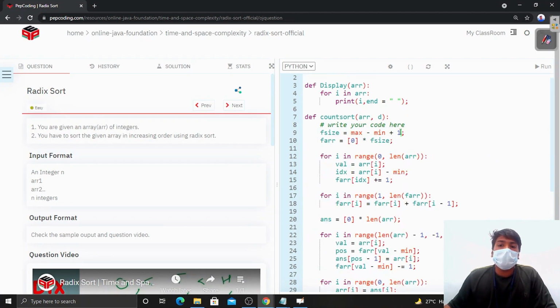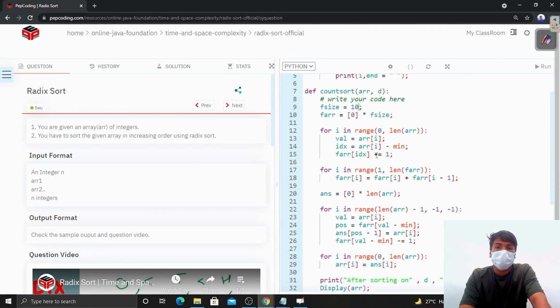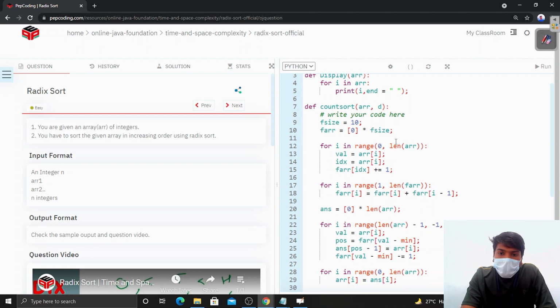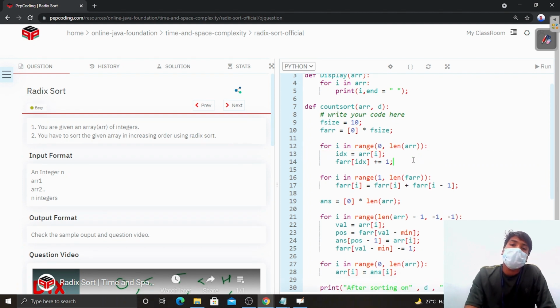Some changes will be there. The size would be 10 only, and the min will be 0 only. So min is 0, so we don't need to subtract 0 from anywhere. Now we don't need to give this val, because the index is equal to that element only.